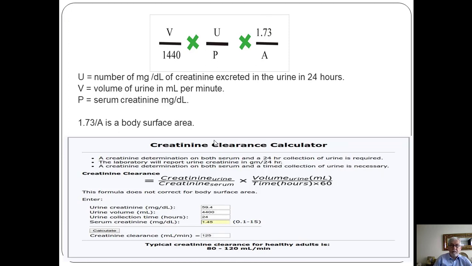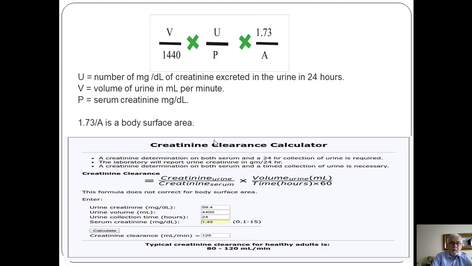Also, we have some formulas, and we use them to calculate creatinine clearance. For this, we need creatinine excreted in the urine in 24 hours. Also, we need creatinine concentration or levels in serum as milligrams per deciliter.